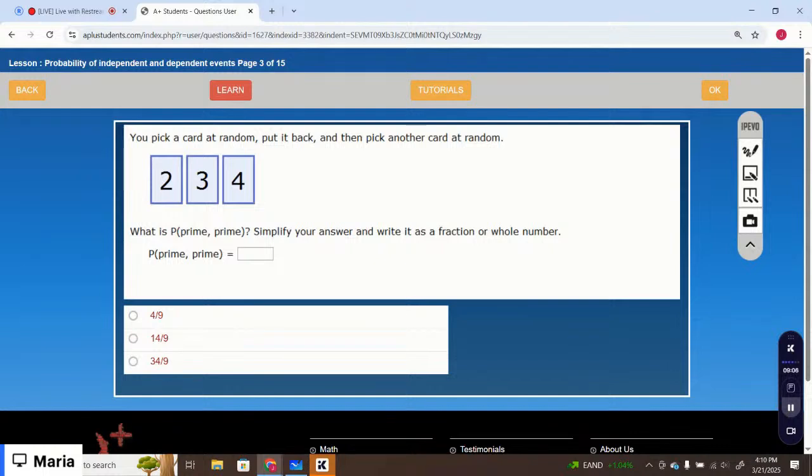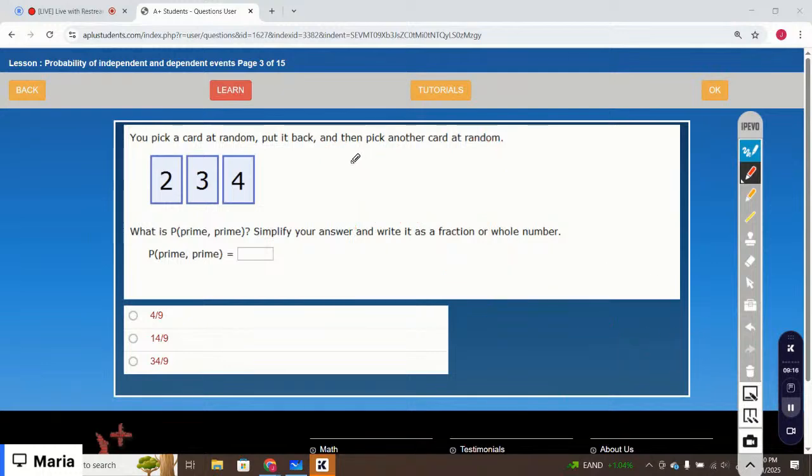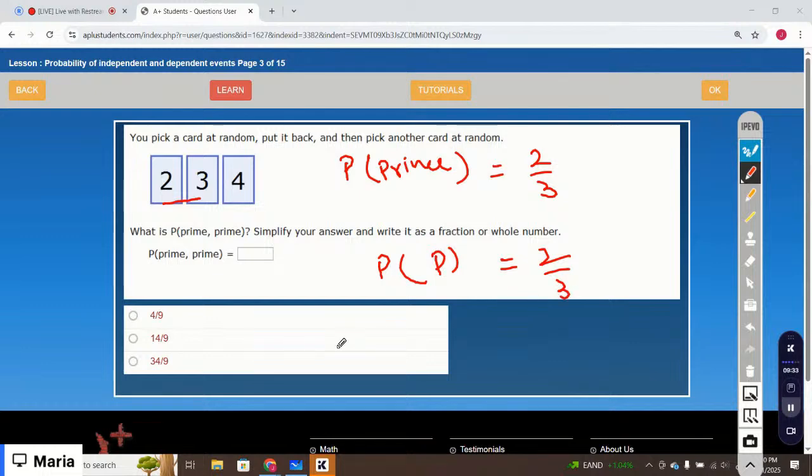You pick a card at random, put it back, then pick another card at random. What is the probability of prime and prime? So the probability of prime is 2 out of 3, because 2 and 3 both are prime numbers. Then the probability of prime again, because you put the card back, is again 2 by 3.